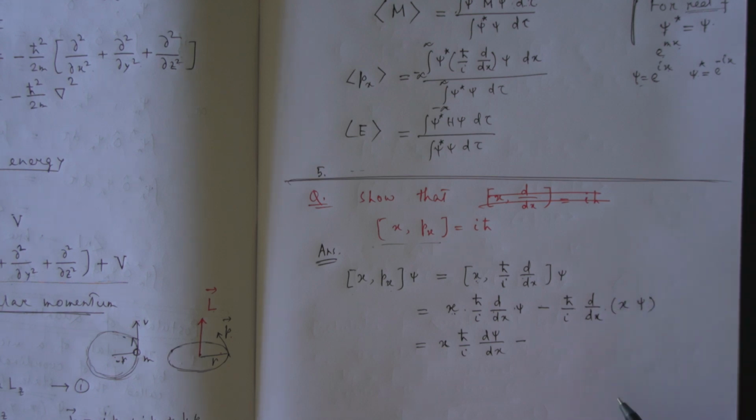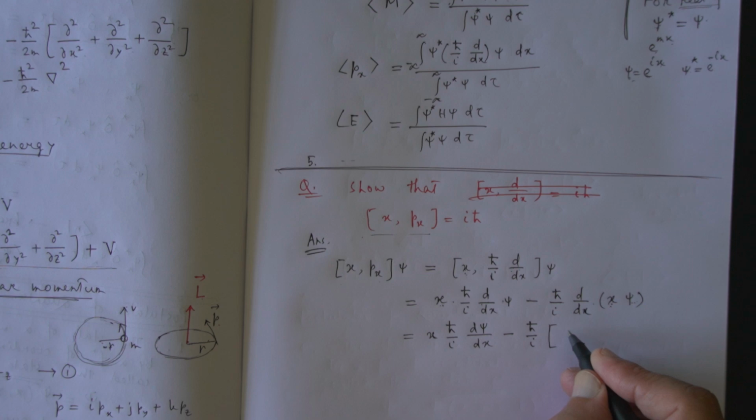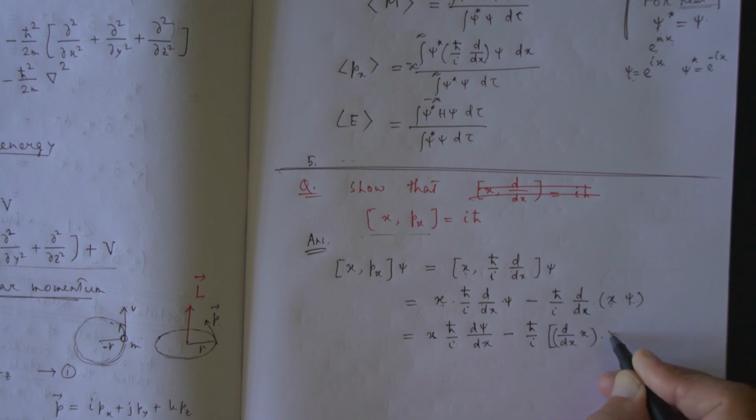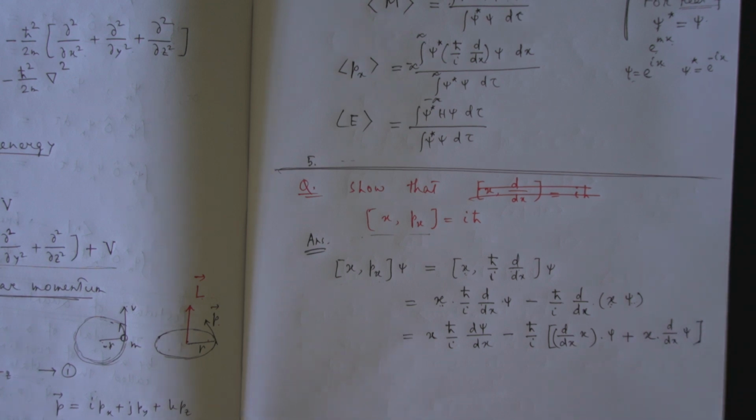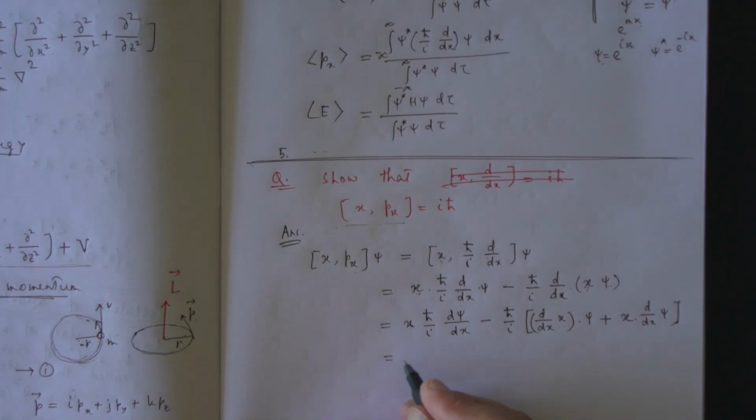So this is equal to h bar by i d dx of first function times second function: d dx of x into the second function, plus first function into d dx of the second function.